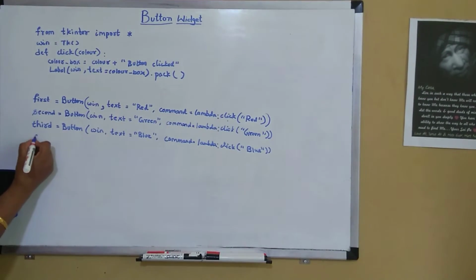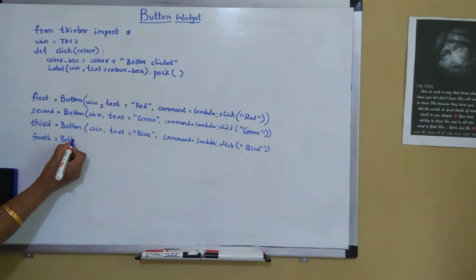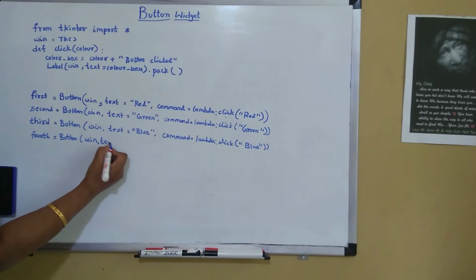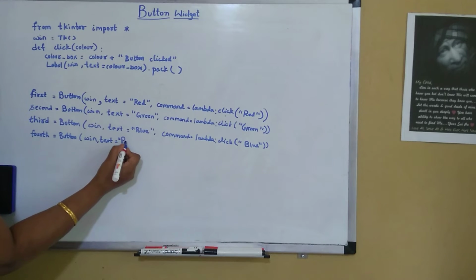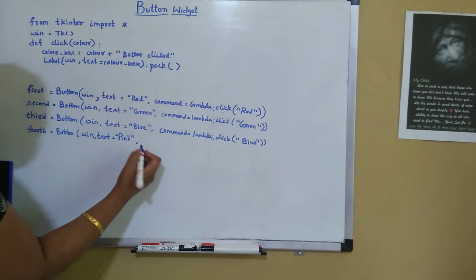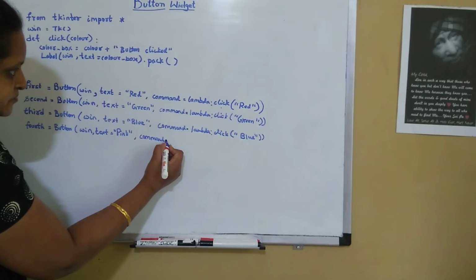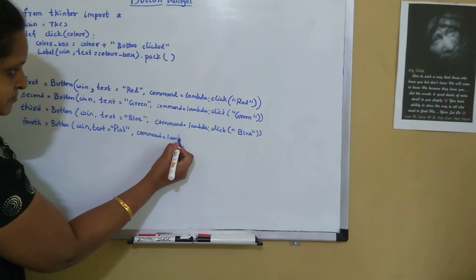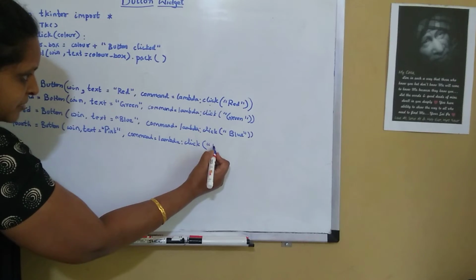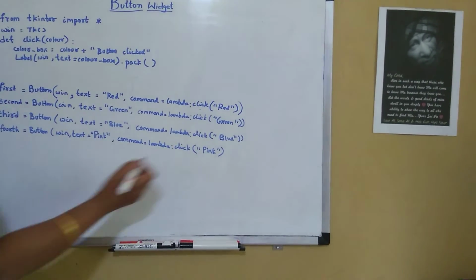And fourthly, I am having my fourth button, which is equal to Button widget, placed in the main window, text is equal to pink, comma, command equal to lambda colon click, and the argument passed to the click function is pink.